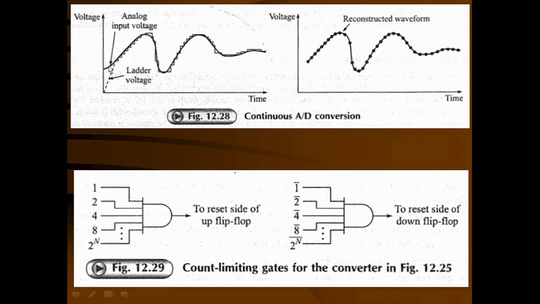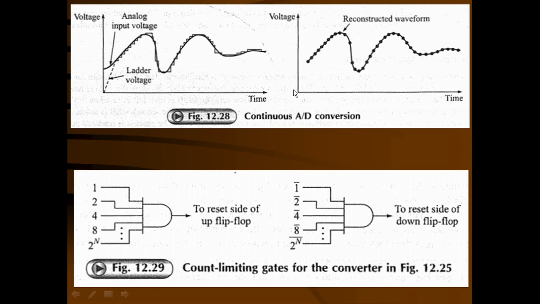If the convergence time is very small compared to the rate of change of the input signal, or its response time, then it can track the input signal properly. When you see the reconstruction of the waveform from digital signal to analog signal, it can almost reproduce the original input signal.